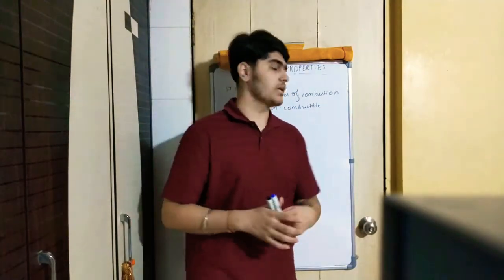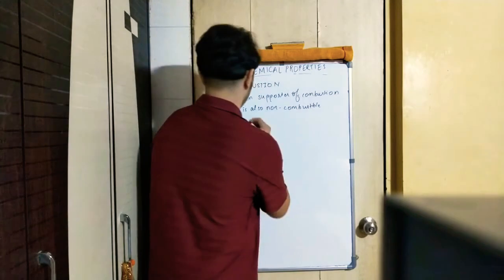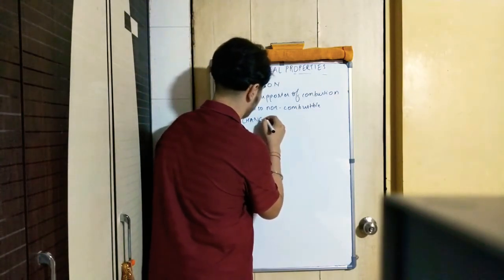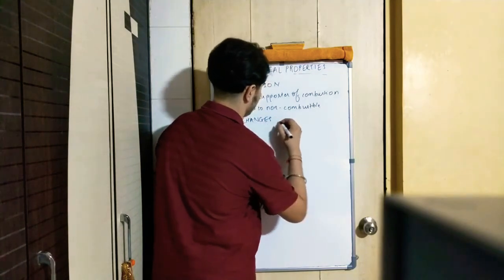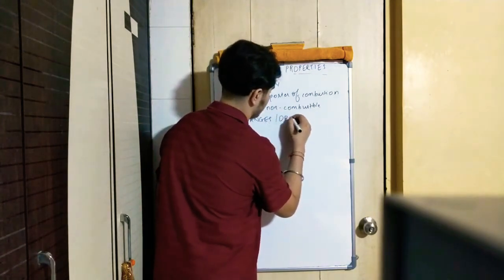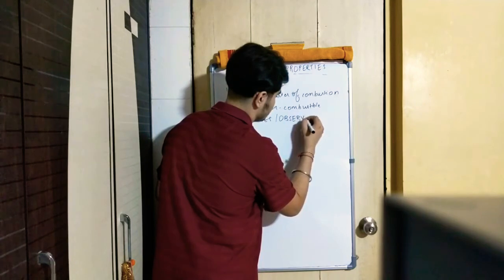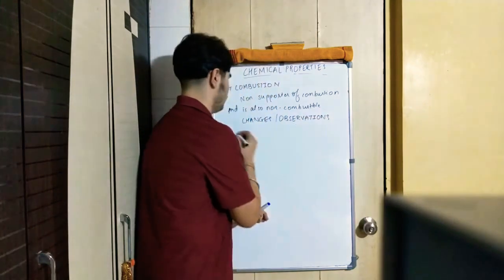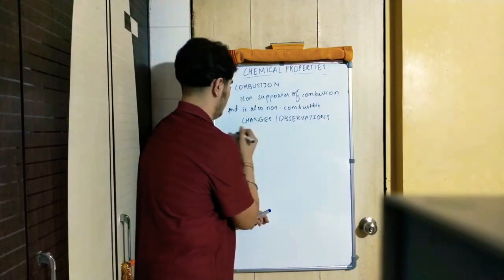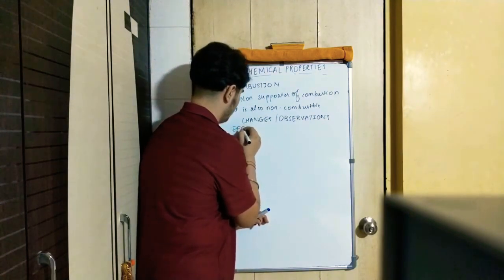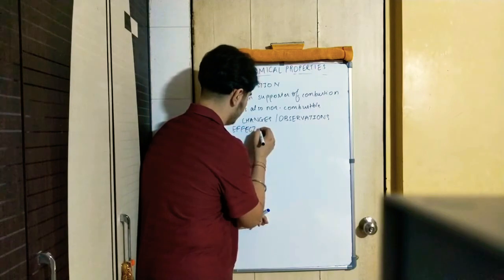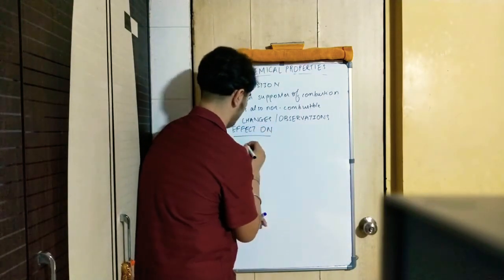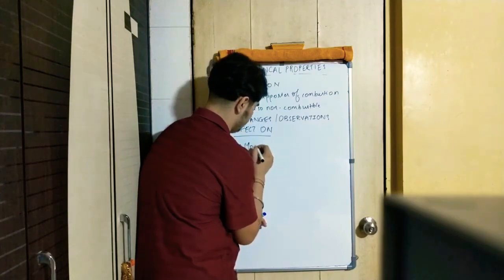And the second property is the changes or the observations. Firstly, what's its effect on moist blue litmus paper?